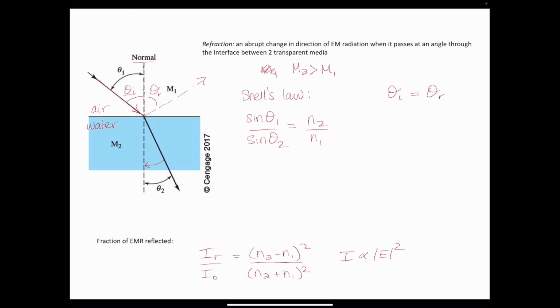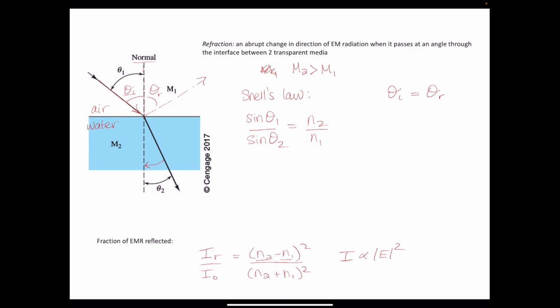And this is also known as irradiance or photon flux density. But the fraction of reflected light, again, depends on the incident angle theta and the refractive index of the two media.